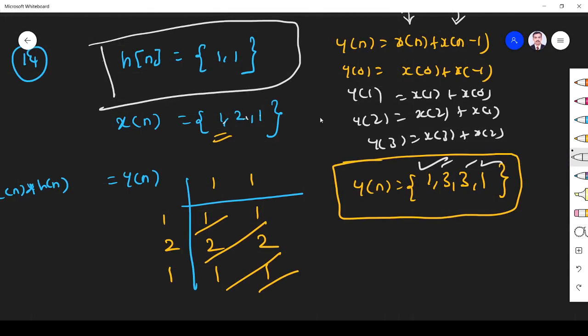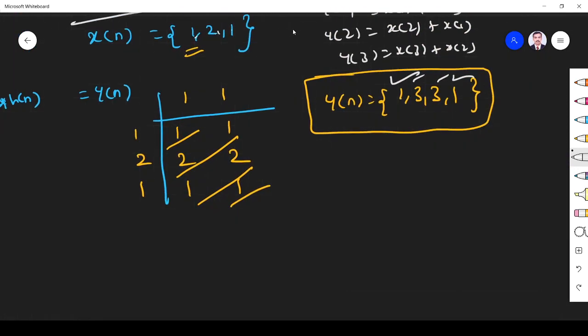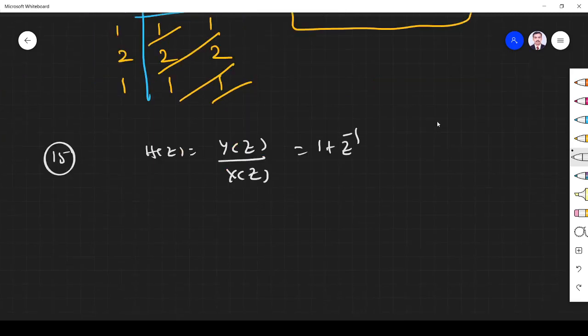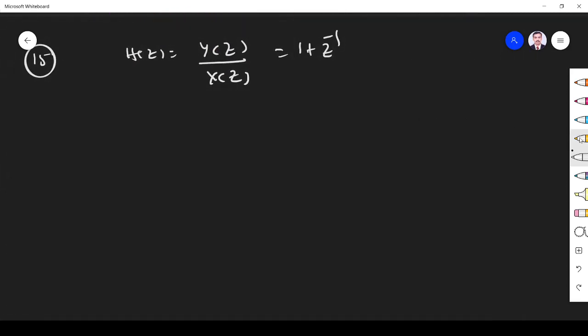And the 15th concept: we can see what our H of z is. H of z is equal to Y of z divided by X of z, that is equal to 1 plus z inverse. How is the hardware structure? Simple. I realize it by direct form 1, with X of z, Y of z, and z inverse.